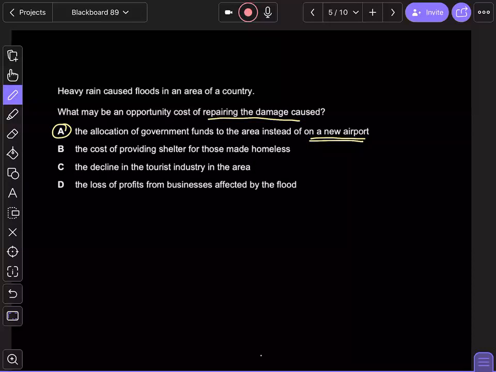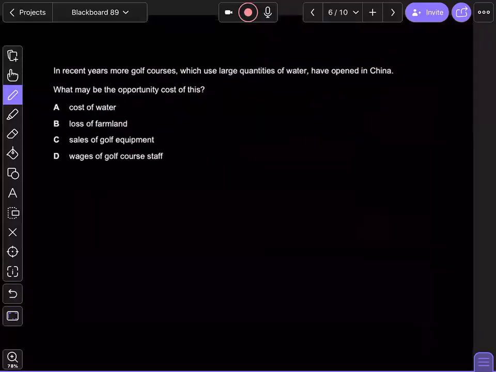Since you are withdrawing the funds from one option and injecting the funds into repairing the damage, this is also not an option. And option D is the loss of the profit. The loss of the profit for businesses, since businesses are not repairing the damage caused in the flood affected part of the country, so this won't be the opportunity cost. Let's look at the next question.